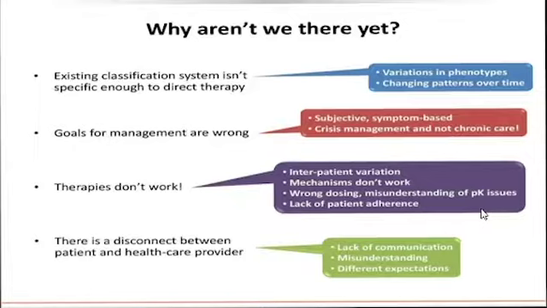Disconnection is because we don't have good communication between us and our patients. We have different expectations. The patient needs quality of life to enjoy his life, and you are looking probably for mucosal healing and clinical response, and that's different.